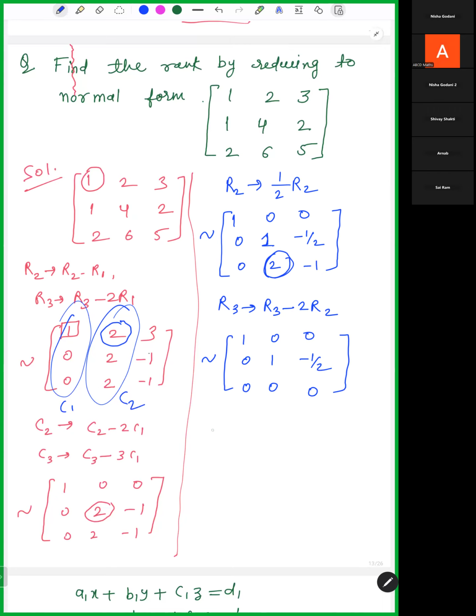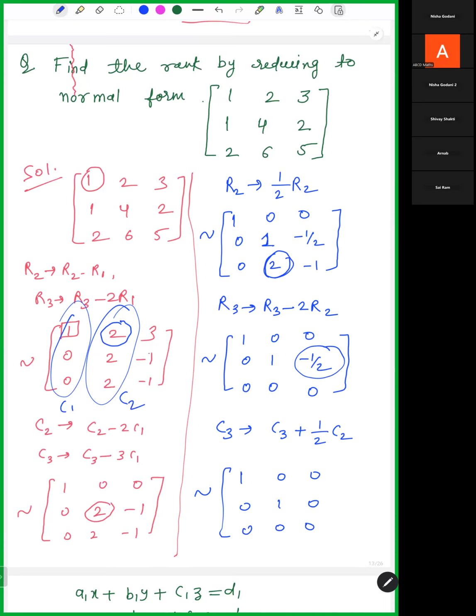Otherwise it is a little difficult to deal with fractions. Now for making this minus half as 0, what do we do? In C3 you will apply operation C3 plus half of C2. Okay, so it will give you 1, 0, 0, 0, 1, 0, 0, 0, 0.